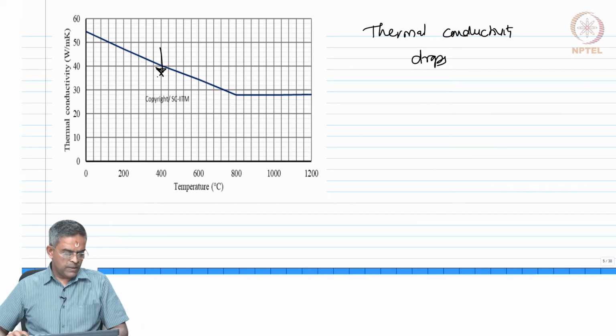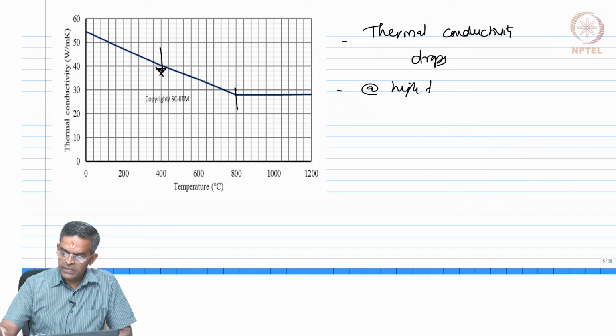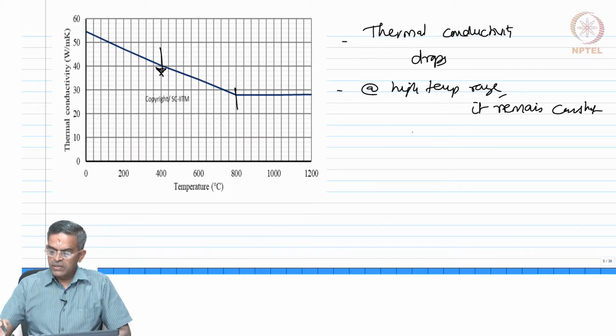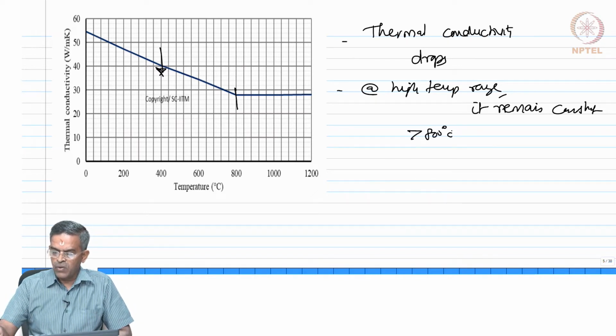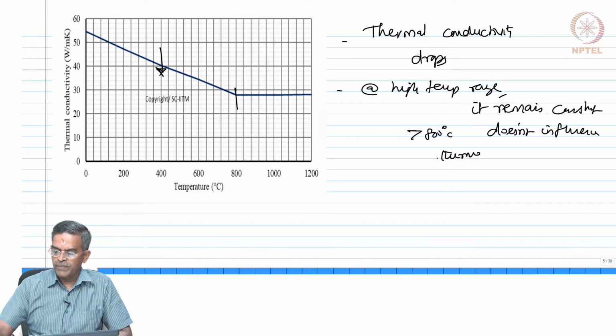It is also seen that up to 800 degrees Celsius it drops, then at higher temperature range it remains constant. So, temperature more than 800 degrees centigrade approximately does not influence the thermal conductivity of steel.